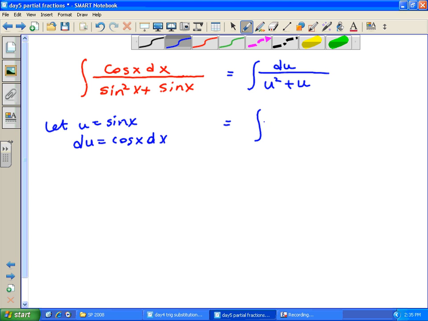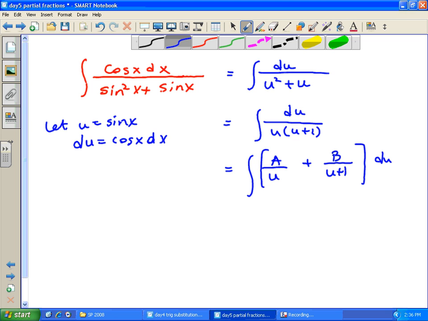Let's factor the denominator as u times quantity u plus 1. And now this is in perfect position for the partial fractions method. So we're going to have a over u plus b over u plus 1. Since both of these fractions have linear denominators, we just need a constant in the numerator.